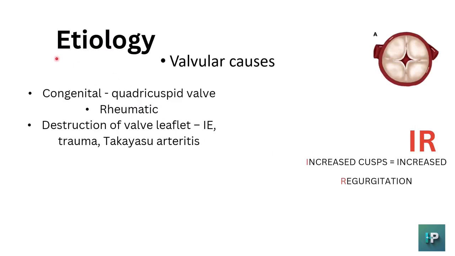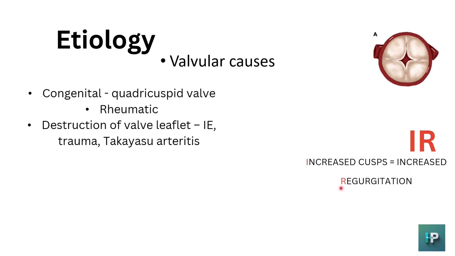Then see its etiology. The etiology is by valvular causes and root causes. Let's see valvular causes. Here the congenital cause is by quadricuspid valve, that is 4 cusps. It is remembered by a mnemonic: increased cusp, increased regurgitation, that is IR.